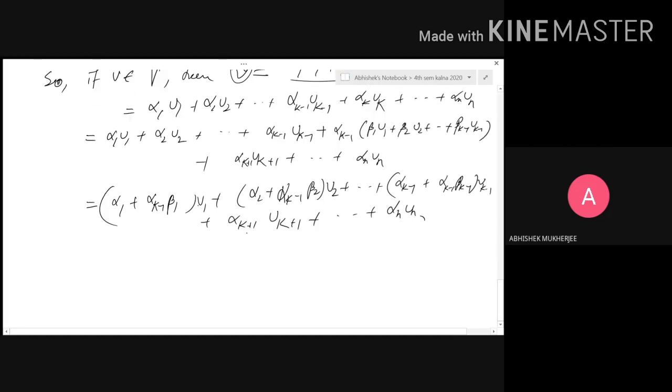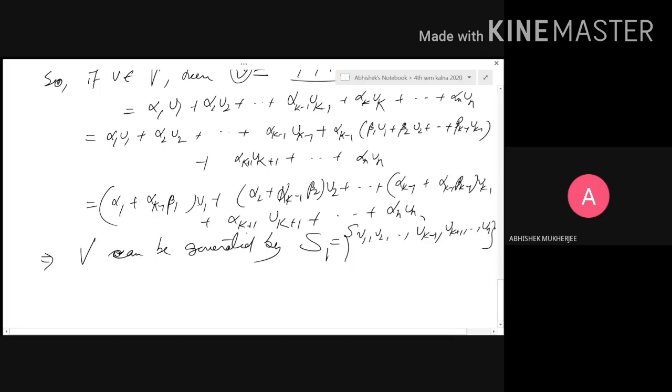So the vector space V can be generated by the set S1, which consists of the vectors V1, V2, ..., Vk-1, Vk+1, ..., Vn, where Vk is missing.